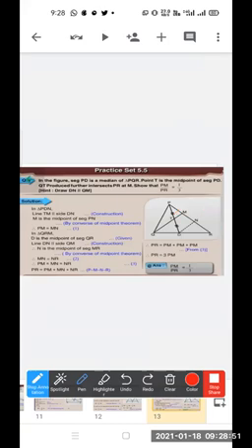Let us see how to solve it. So in triangle PDN, we have to prove that M is the midpoint of side PN.